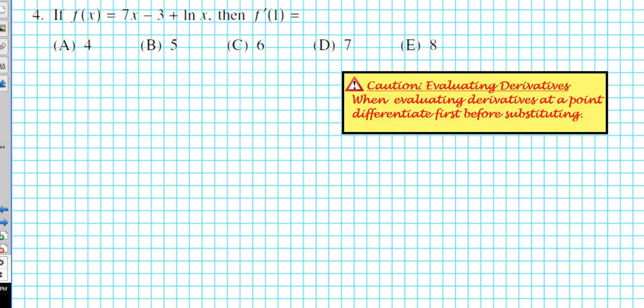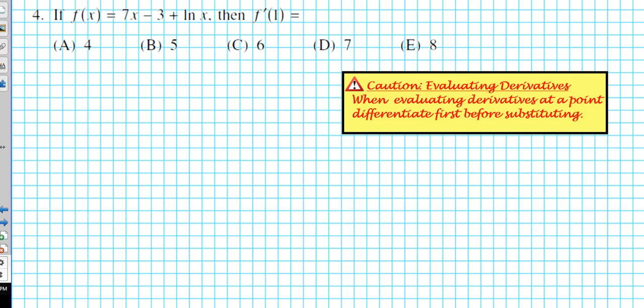Alright, let's take a look at problem 4. It reads, if f of x equals 7x minus 3 plus the natural logarithm of x, then f prime of 1 is equal to what? Now, a caution that you want to keep in mind has to do with evaluating derivatives.